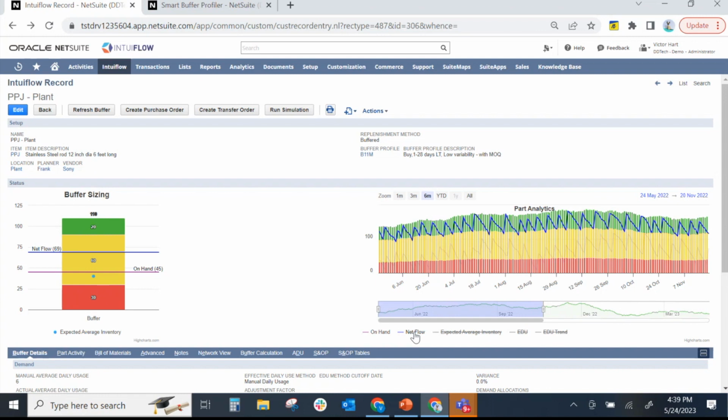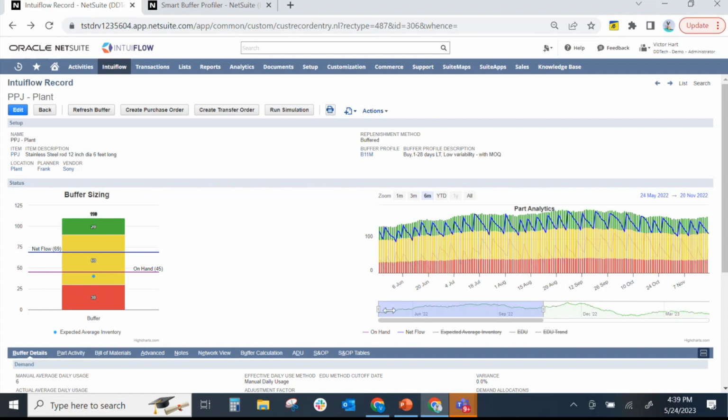And so perfect planning would be as soon as the net flow drops into the yellow zone, we approve the recommendation to get it back up to the top of the green. Now, again, like I said earlier, there's going to be context out there. So there might be very valid reasons why we didn't approve the replenishment as soon as it drops down into the yellow. But on average, we want that net flow to be in the green zone.